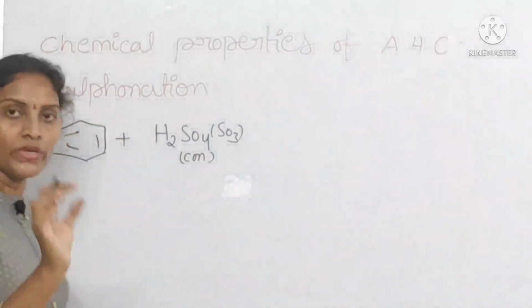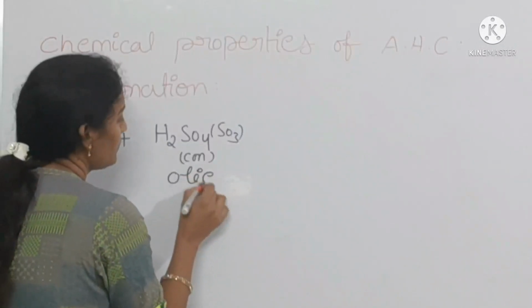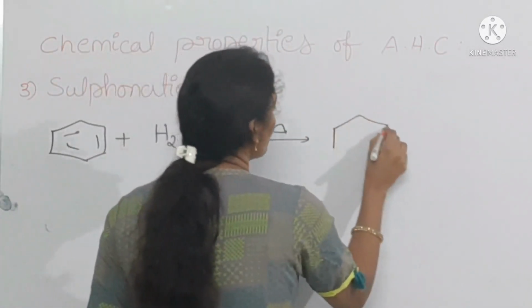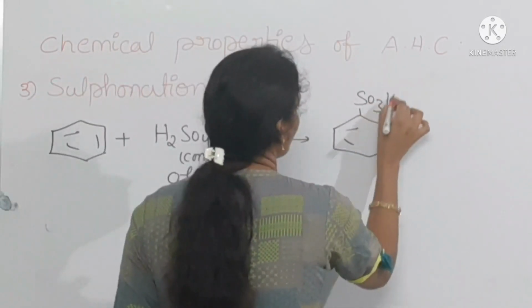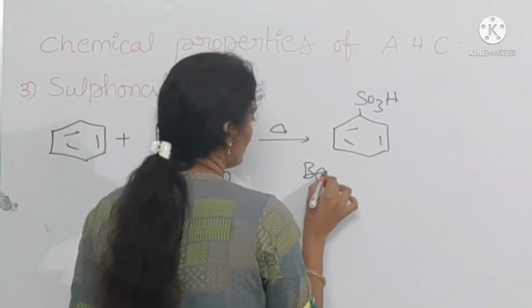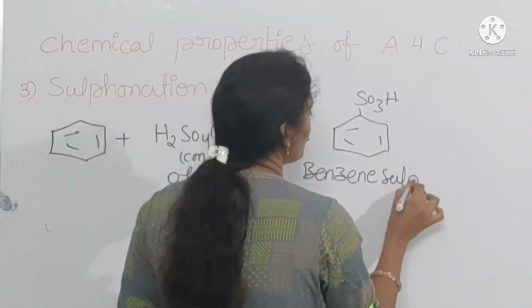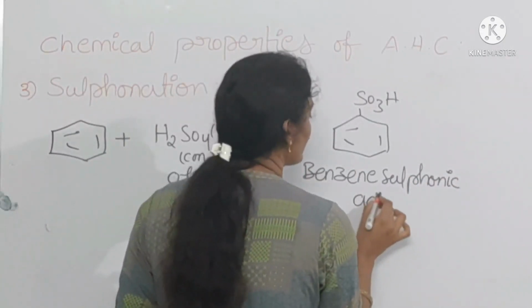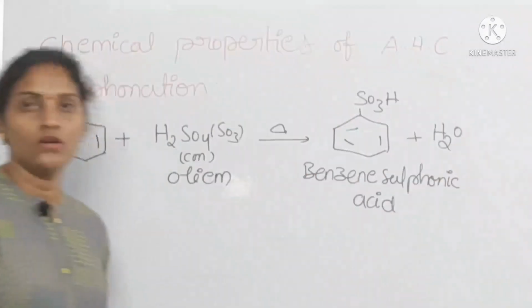This is fuming sulfuric acid, also known as oleum. Under heating, it can give benzene sulfonic acid, and here dehydration also takes place.